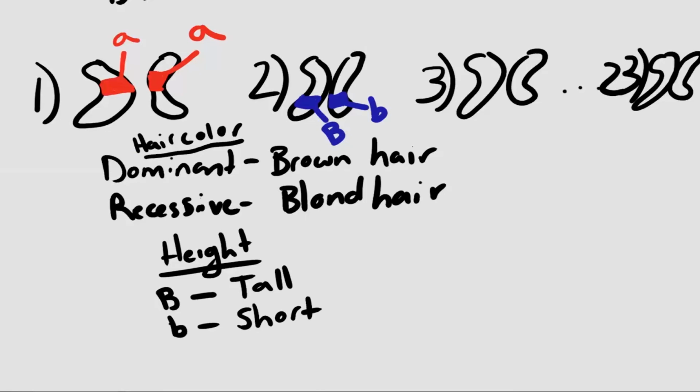All right, so let's do one more example. Let's say we have another gene over here at this locus of this chromosome. And let's say this gene codes for eye color.